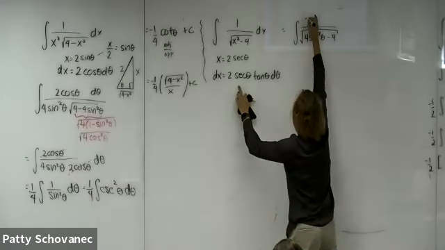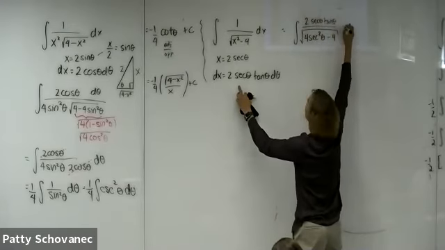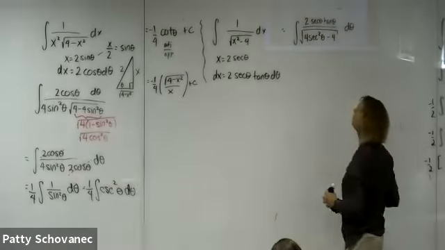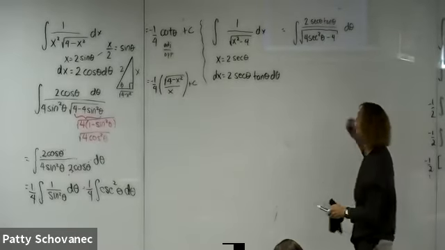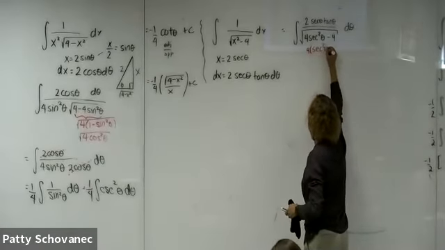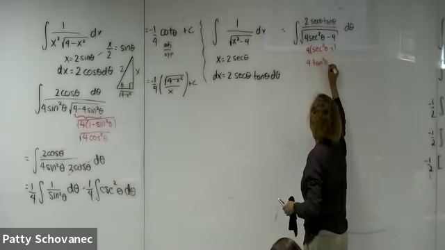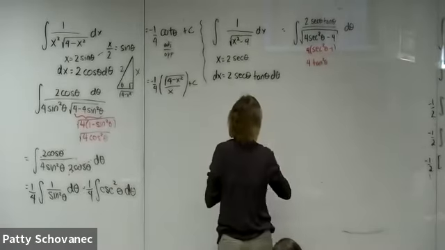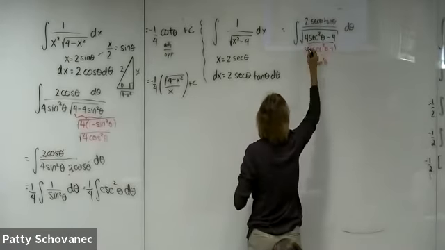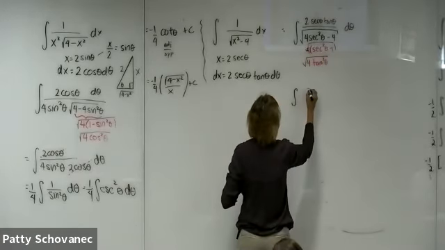That stuff is in the numerator. That's going to be a tangent, pull out a 4, and you have a secant squared minus 1, which is a 4 tan squared. And all of that's under the square root sign. So I can rewrite that as 2 tan theta in the denominator.